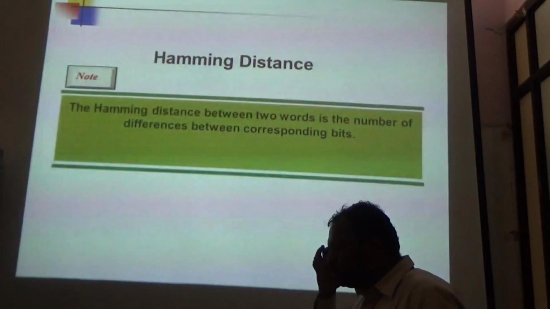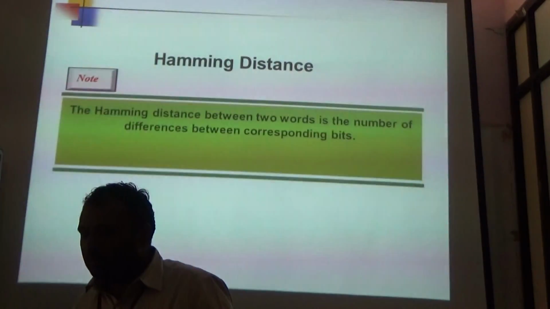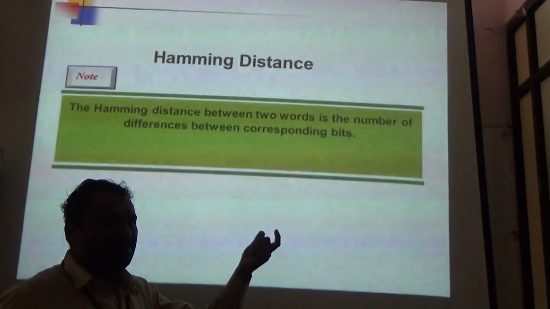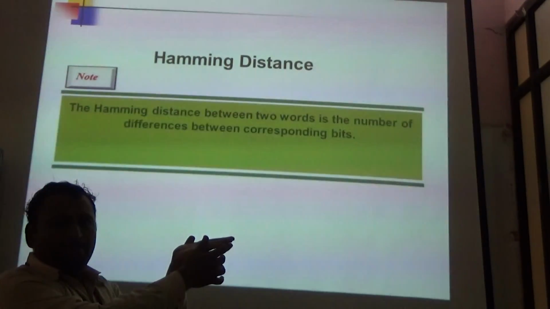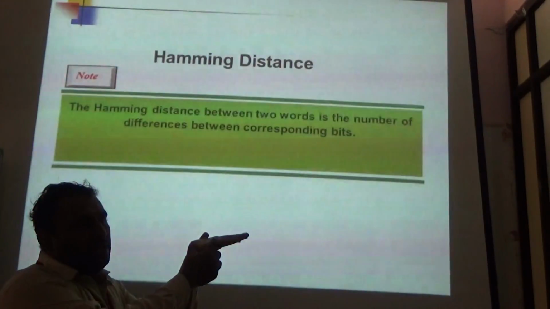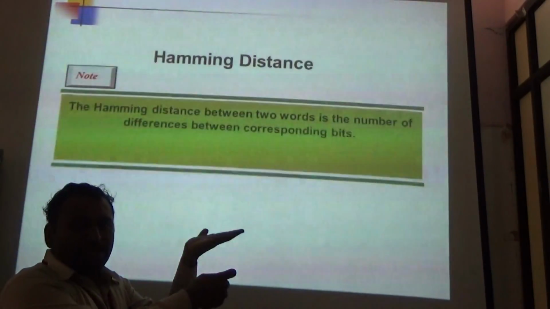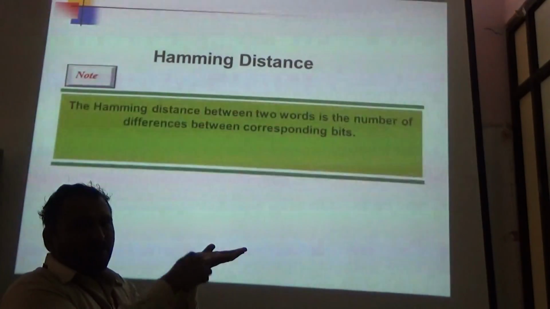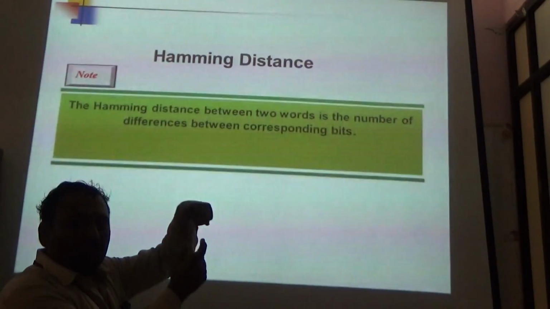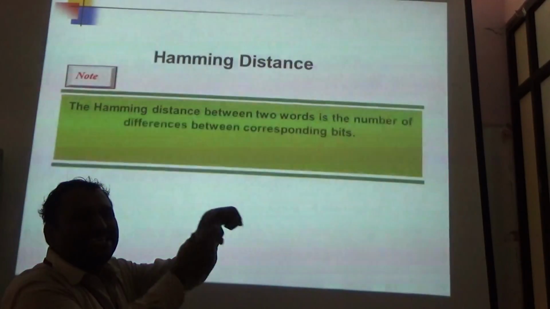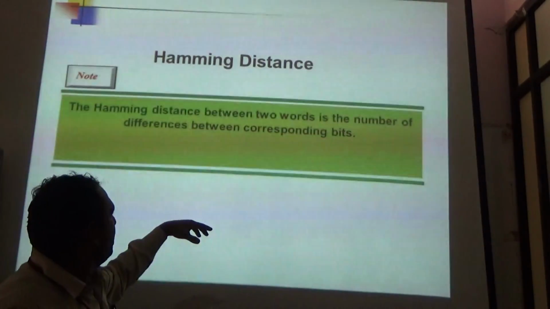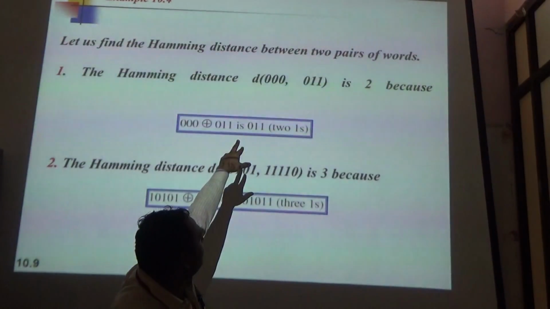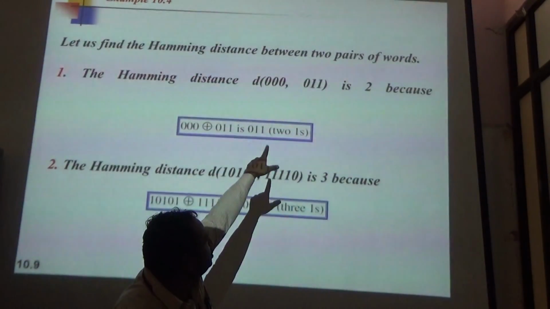So what does Hamming distance mean? If we take some data word or data frame, say 00 is word number 1 and it is compared with another word, the Hamming distance indicates the number of differences that those two words have from each other. For example, the first data is 000 and the next is 011.